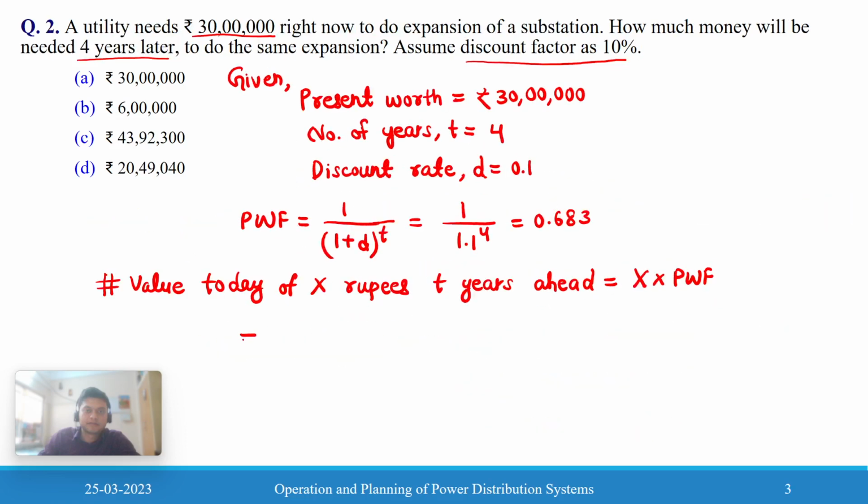So here the present value is given as rupees 30 lakh, and we have to find the future worth. 30 lakh is equal to X multiplied with 0.683.